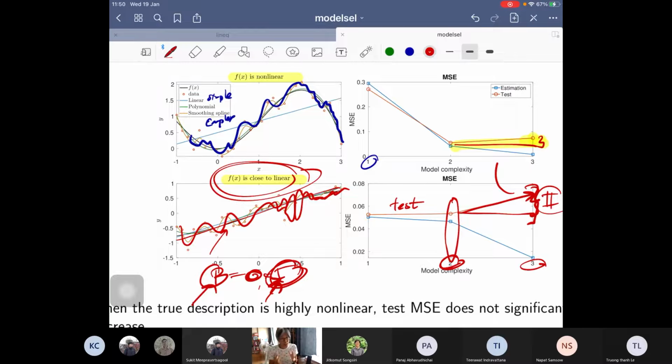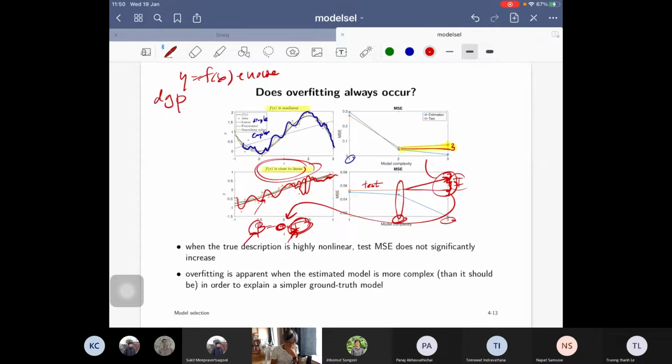Okay, then in that case, there is more chance that you see the overfitting phenomenon when you use a very complex model in order to explain something that is simple. That is the point of this slide, all right?